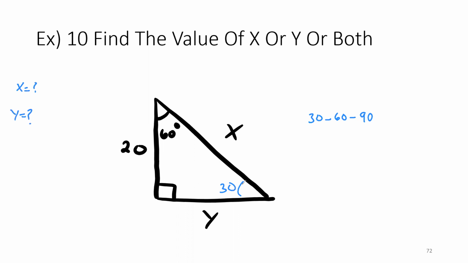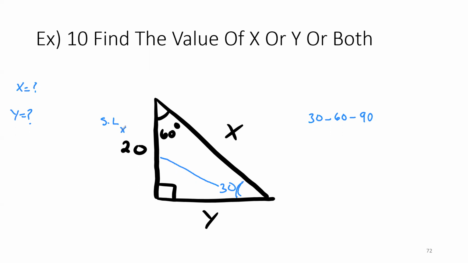If you look at this triangle, angle 30 goes with side length 20, which makes this the smallest leg. According to the rule, the smallest leg is just going to be x. Well, not this x, this is the hypotenuse.